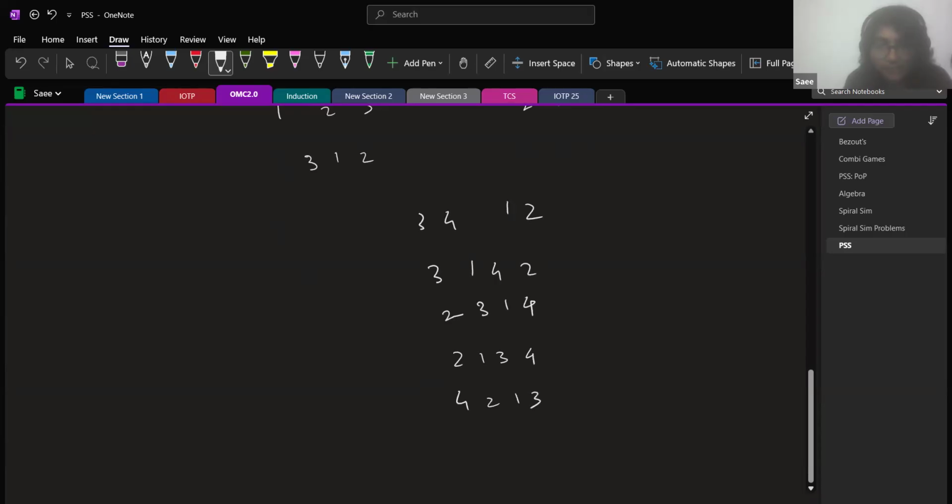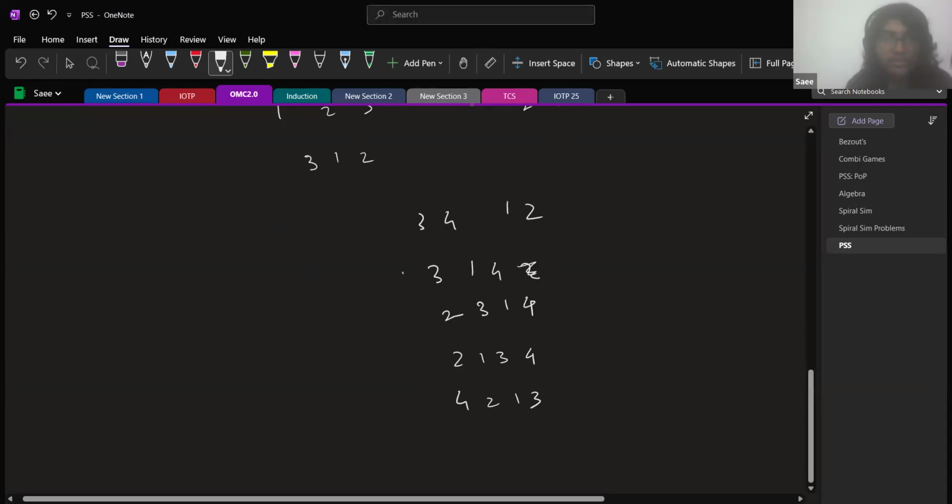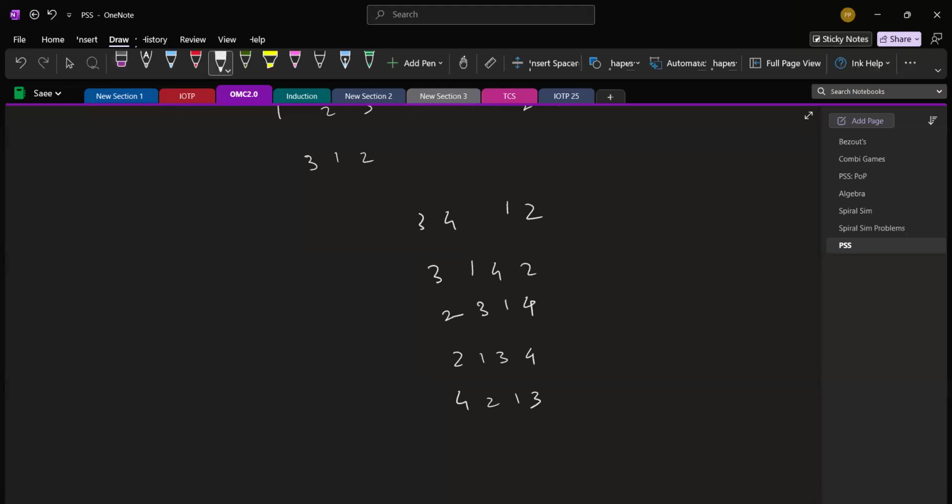Sorry, if I've done this thing properly. Wait, what was the thing you did after the second step? After 3142? I removed 2 and placed it here. Okay. Yeah.